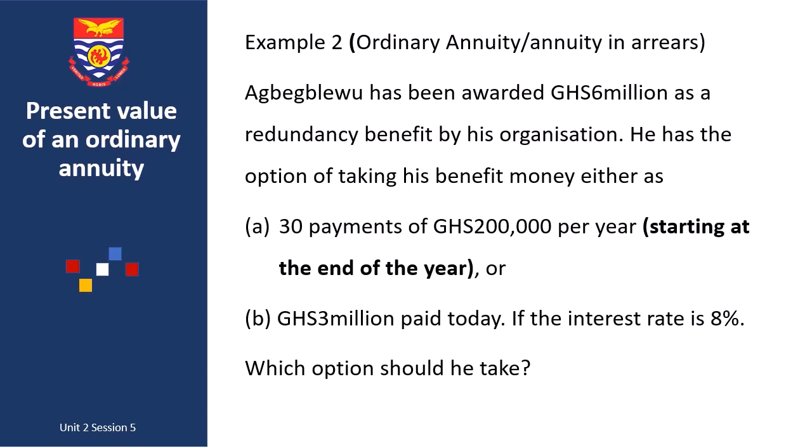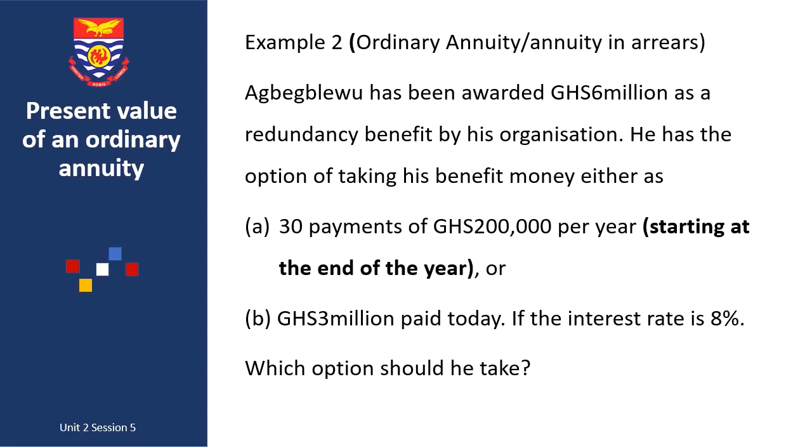He has the option of taking his benefit money either as option A, 30 payments of 200,000 Ghana cedis per year, starting at the end of the year.